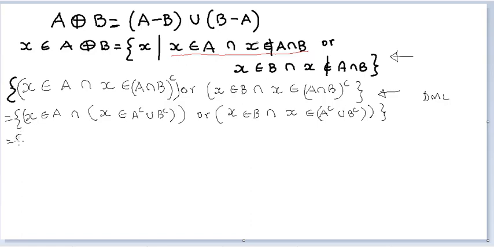So now I have to expand. How do I expand this? This expansion is X belongs to A intersection X belongs to A complement. Now the union, I have to worry about this union, right?